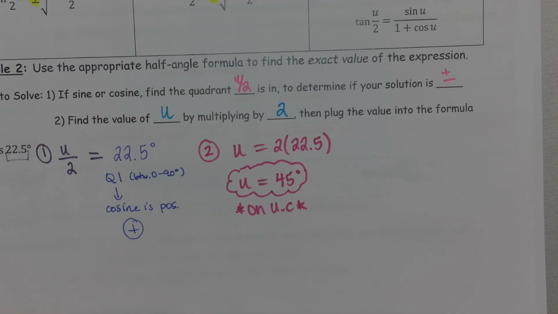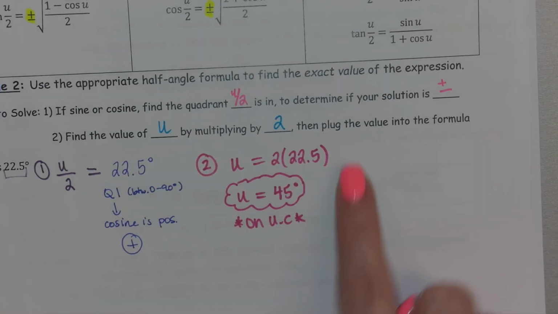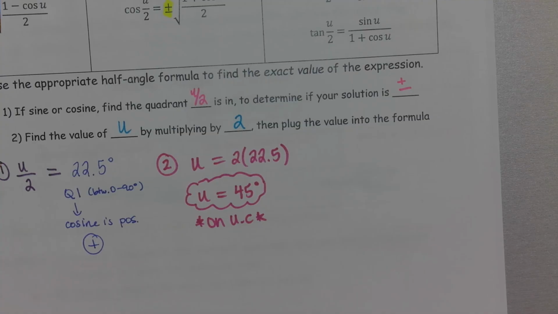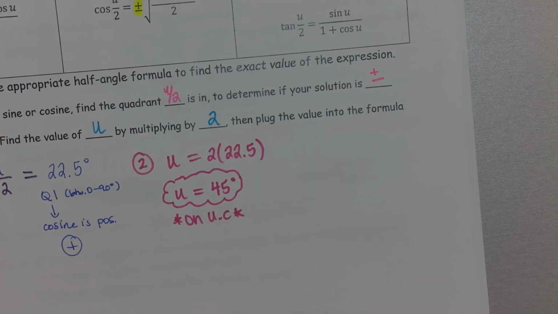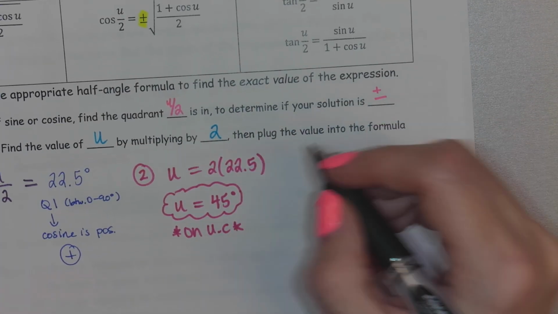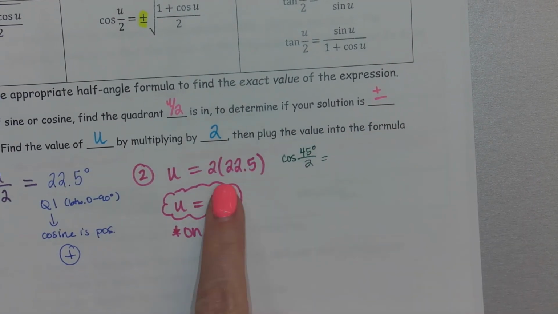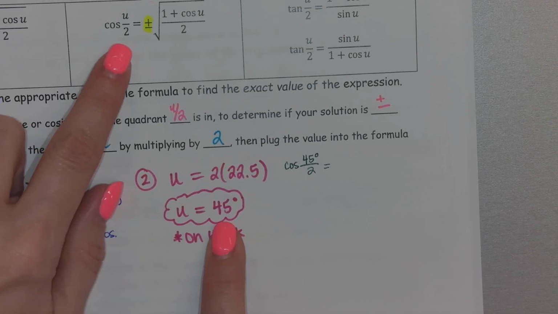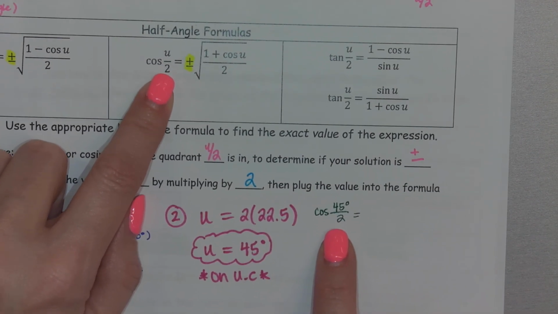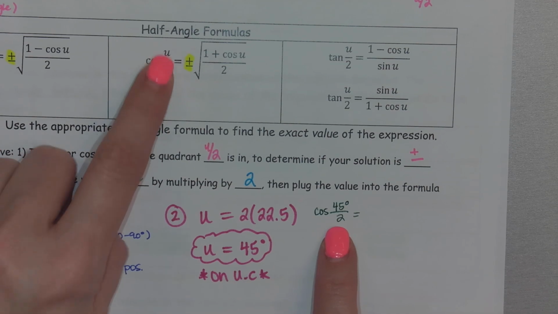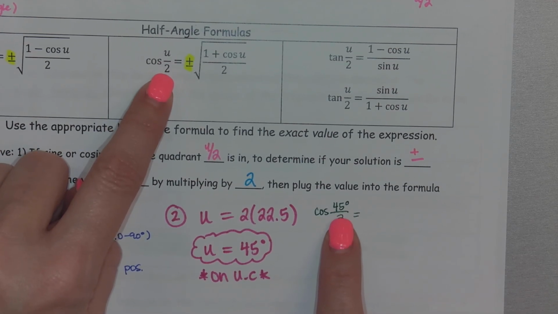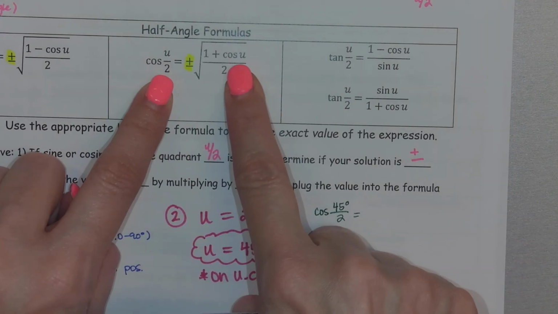After you do that, now you can plug the value into the formula. So we're going to use your cosine. So u is 45, so we're going to plug it in here. Cosine of u over 2 is cosine of 45 over 2. Do you see how if you divided that, now you have the original problem? 45 over 2 is 22.5. But we're just rewriting it because here we have to plug in u.